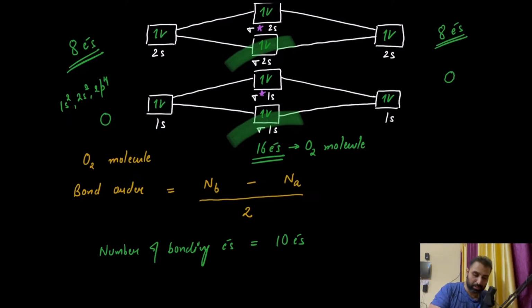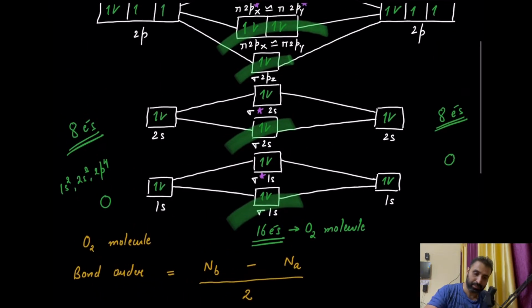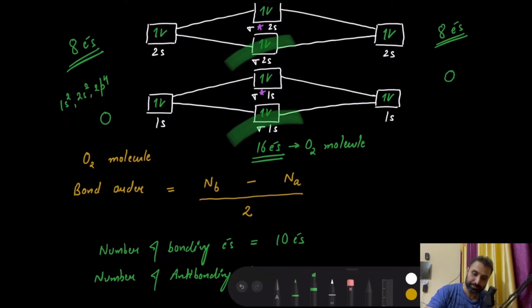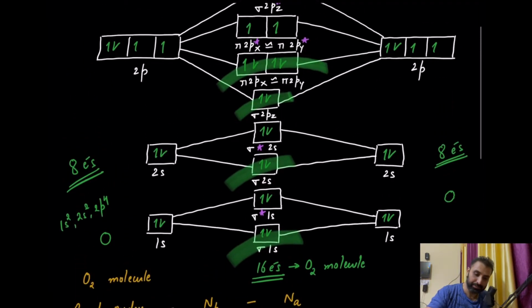Now let's talk about the number of anti-bonding electrons. Let me take a different color for it. Anti-bonding electrons are the electrons present in molecular orbitals with a star marked on them, because molecular orbitals with a star sign are anti-bonding molecular orbitals.